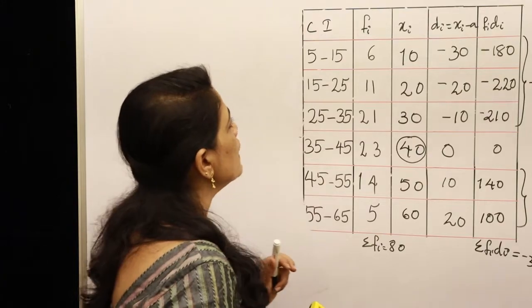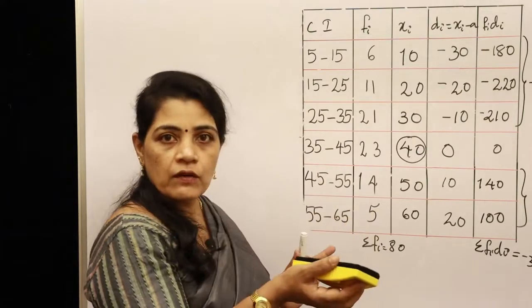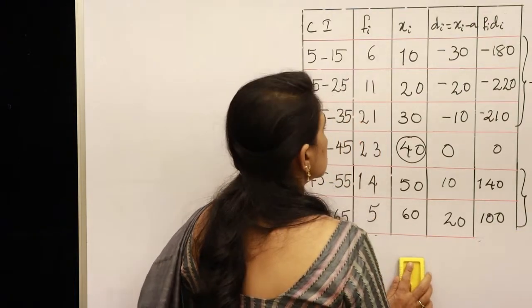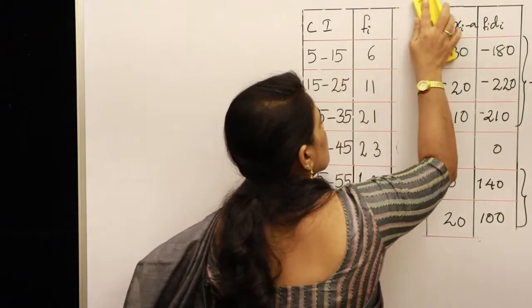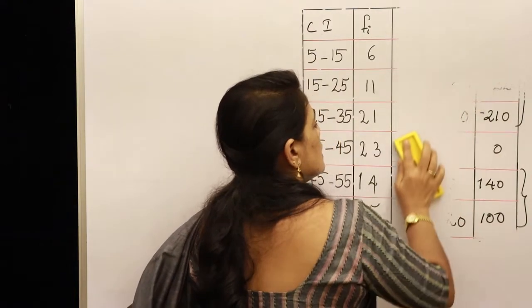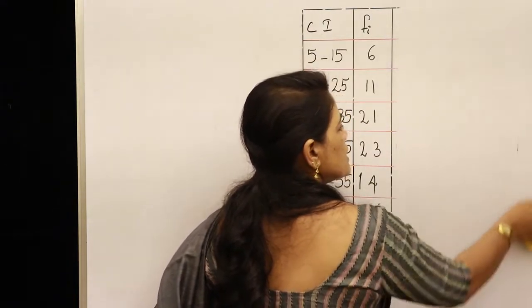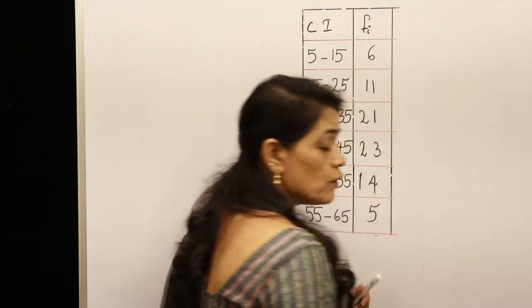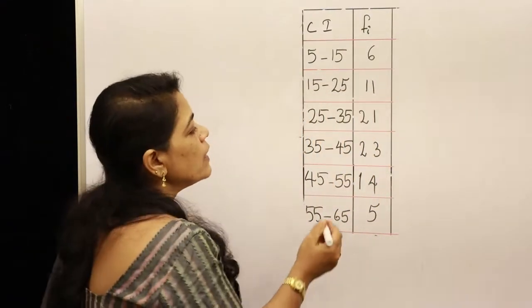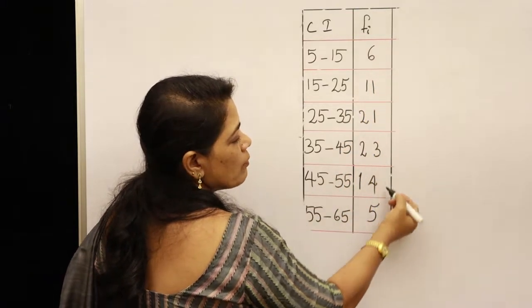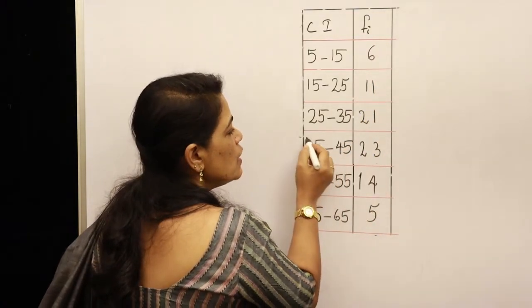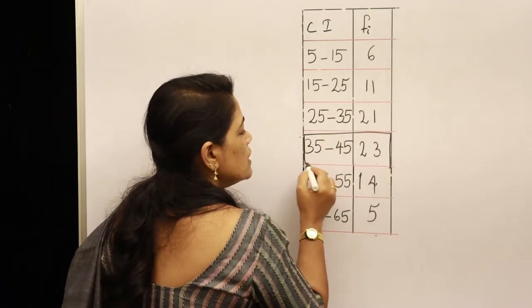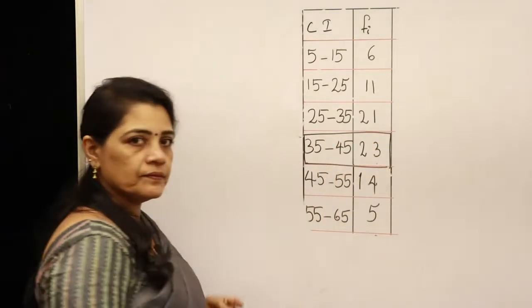So we need only class interval and frequency for calculating mode. Okay, first we find the maximum frequency and its corresponding class interval, that is we are going to locate the modal class. Here see in the frequency column maximum frequency is 23. So this 35-45 is the modal class.